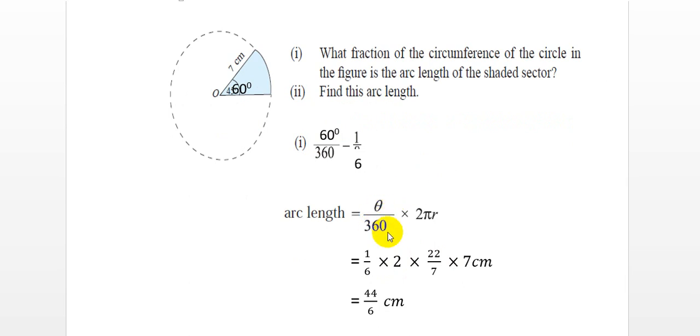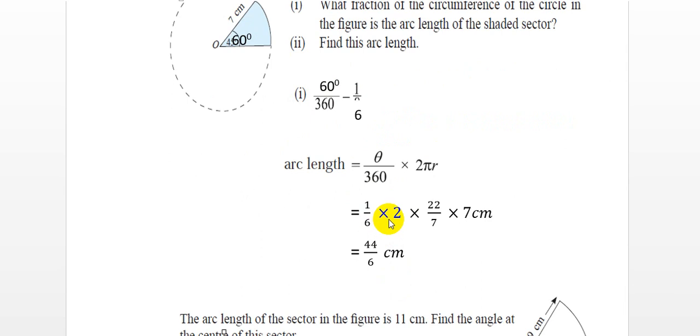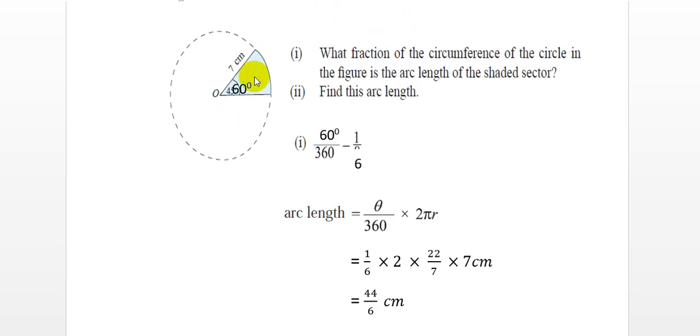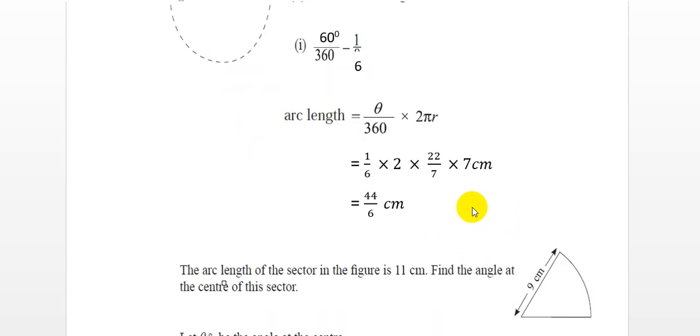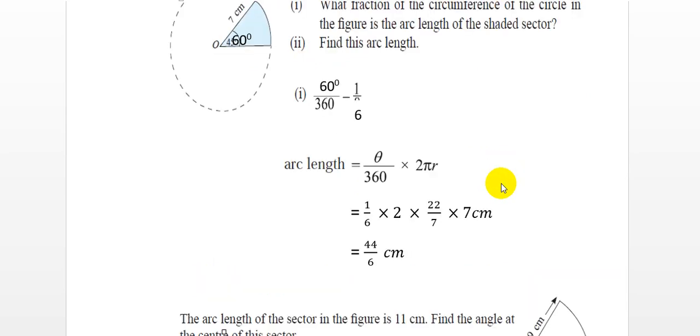Since theta over 360 we already found, which is 1 over 6, into 2 multiplied by pi, which is 22 over 7, a constant value, into the radius of the sector, 7 centimeter. When you are performing calculations, always make sure to write the units of the particular length, whether it is meter or centimeter or any given unit.